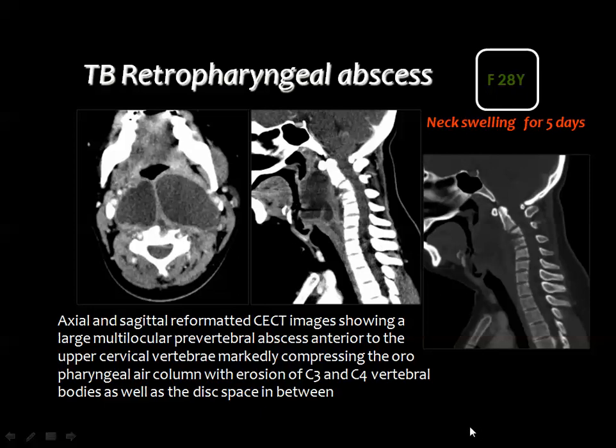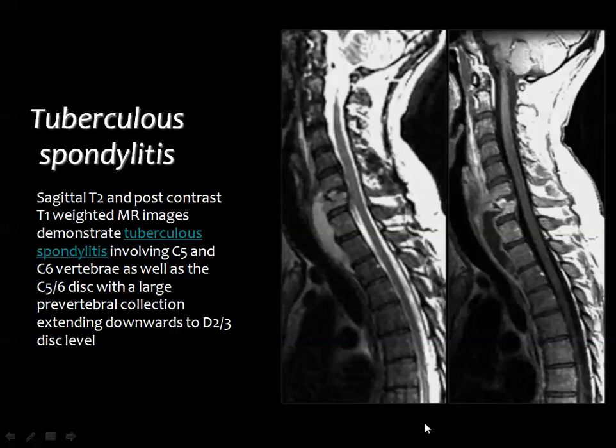Tuberculous spondylitis with retropharyngeal abscesses or mediastinal abscesses are well known. And this is an example of tuberculous spondylitis. Here you see involvement of C2, C3, C4, C5, and C6, as well as the disc space in between.